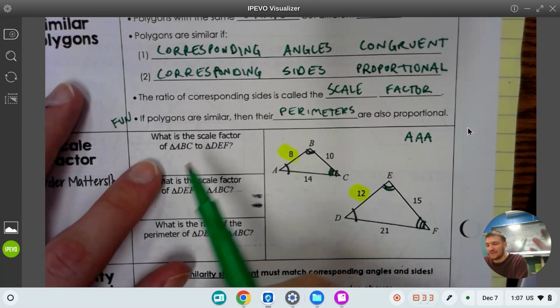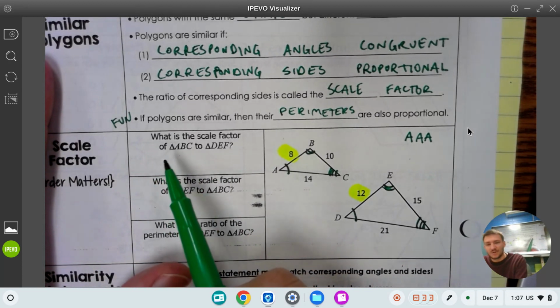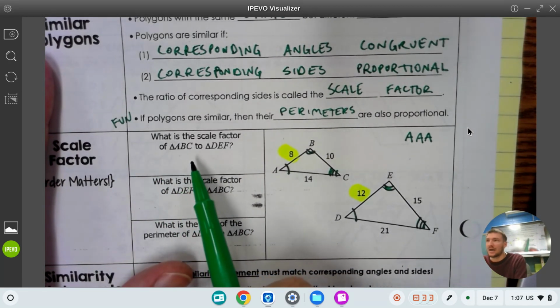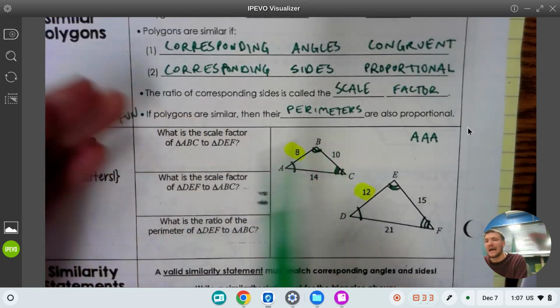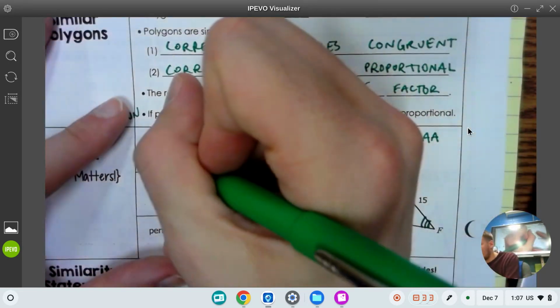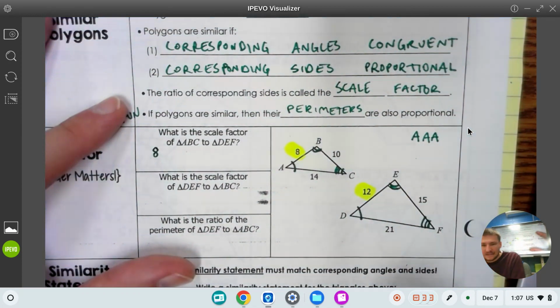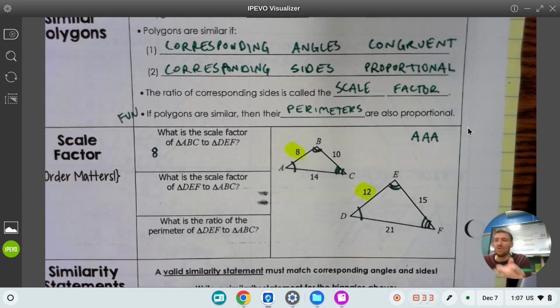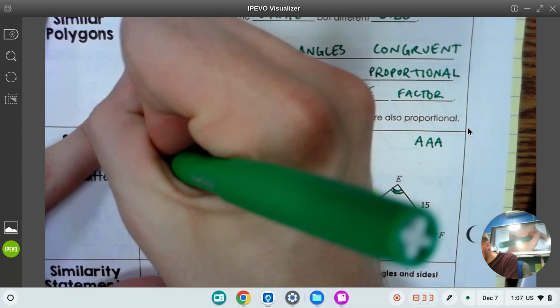Now, I'm going to figure out this scale factor. Which triangle do they mention first? They mentioned the ABC triangle, so that's the number I have to put first. I'm going to put the 8 and I could use a colon or I could use a fraction. I want to try to simplify this fraction, so I'm going to use a fraction.